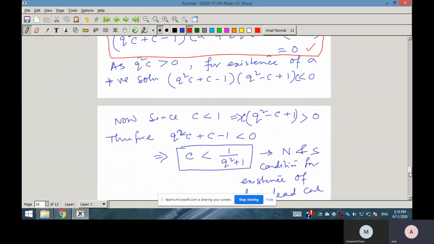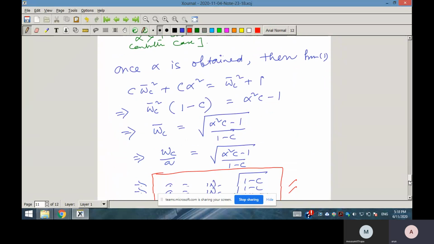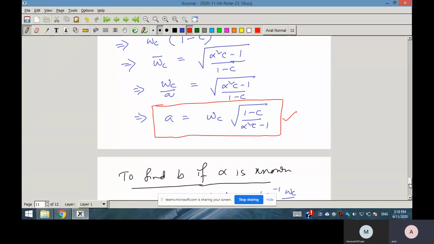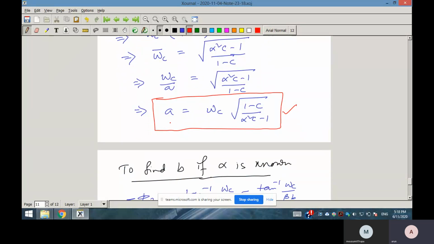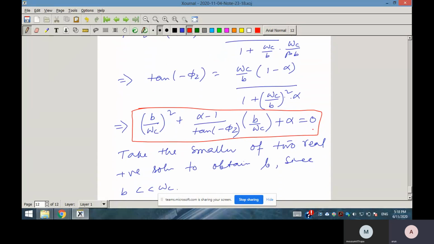Once this condition is satisfied, you have to solve this equation for alpha, and once the solution of alpha you will get, the parameter a you will get from this equation, and then finally the parameter b of the lag part you will get from this one, and beta you will set as beta equal to 1 by alpha.